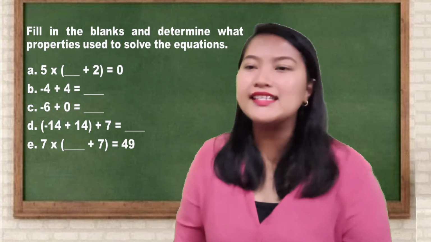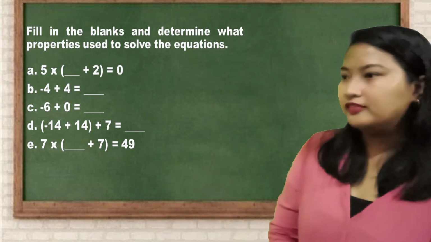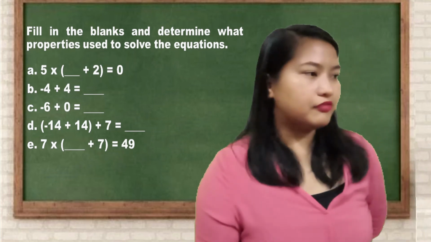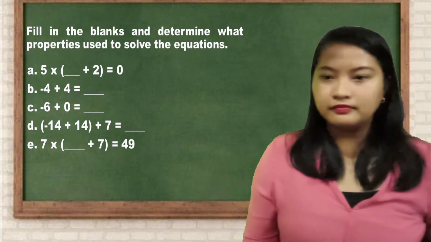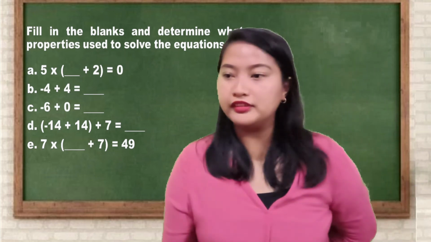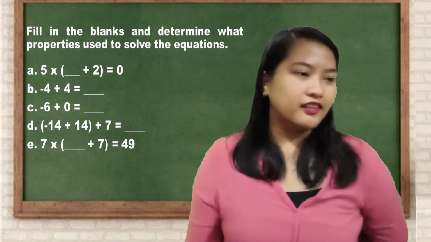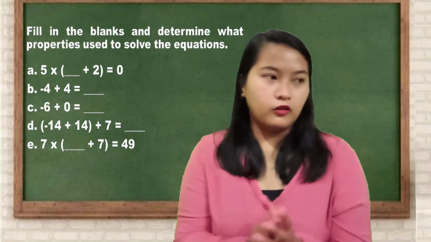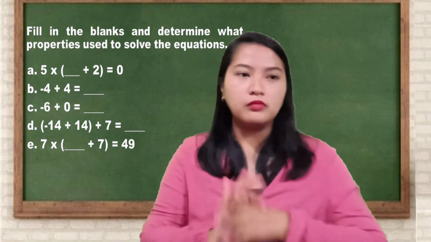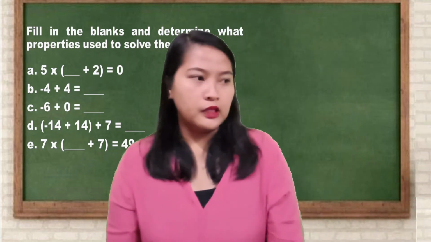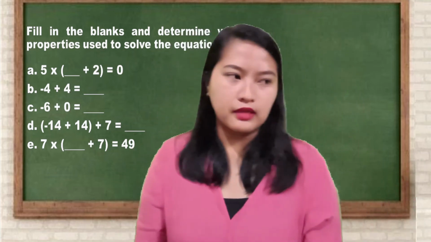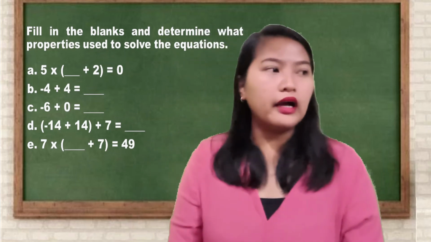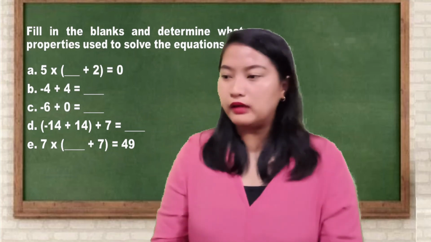So time starts now. 7 minutes left. 5 minutes left. 3 minutes left. Okay, time is up. Ball pens up. Okay, everybody, exchange with your classmate. Write "corrected by" with your name.